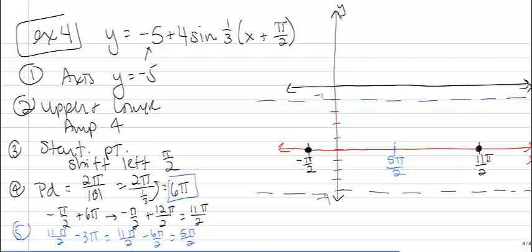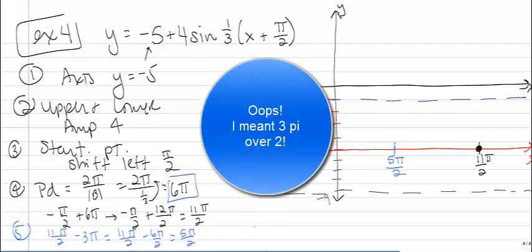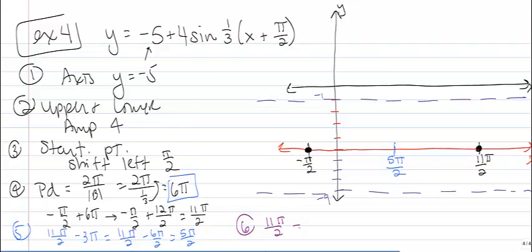All right, so then let's do our halves from here. So in between negative pi over 2 and 5 pi over 2, we said that's going to be our 3 pi. Half of 3 pi is 1.5 pi, or 3 pi over 2. So let's just go from 11 pi over 2 and subtract that off.